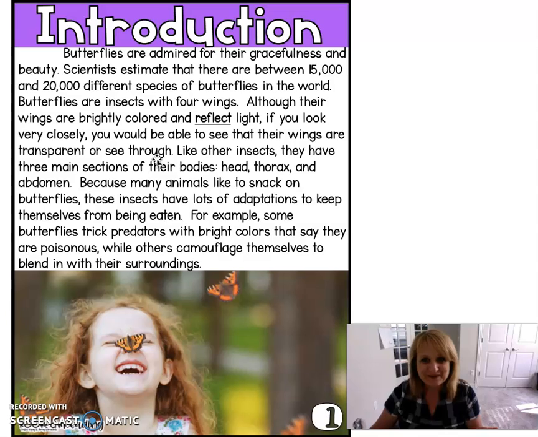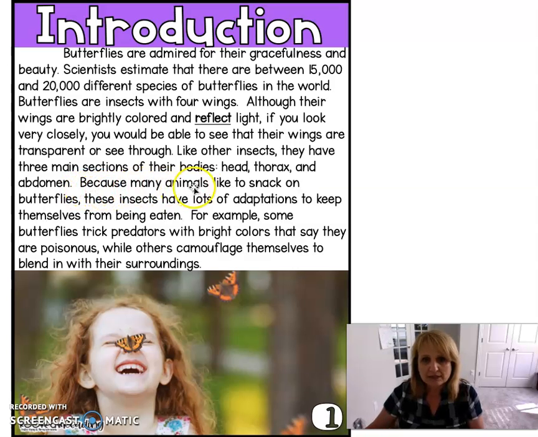We've had that word before also. That means you can see through it, kind of like a glass door or a window. Like other insects, they have 3 main sections of their bodies: head, thorax, and abdomen.